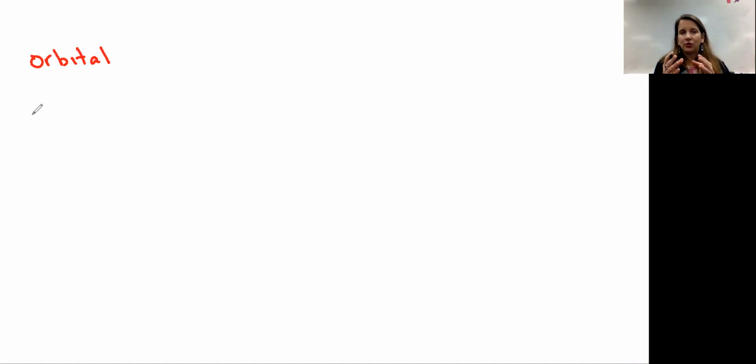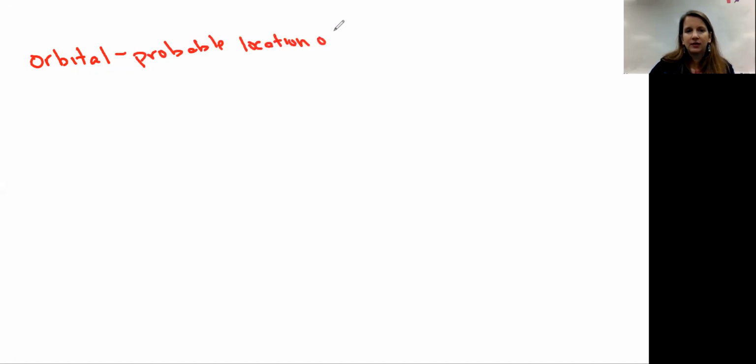And then we have an orbital, which is like your house number. So the orbital is contained within the sublevel, and it gives us a probable location of the electron. And each orbital can hold a max of two electrons.